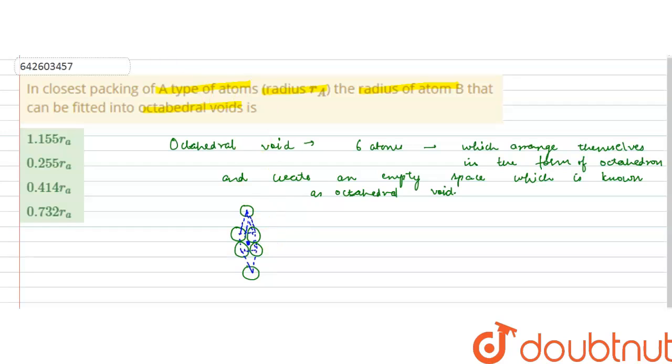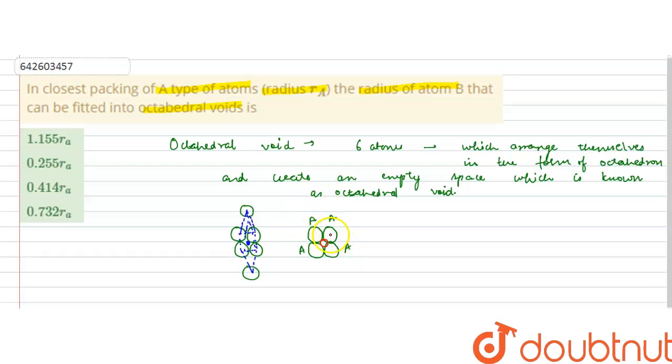So we can say, if we take only these 4 atoms to calculate the radius of that atom B, these all are A atoms, this is A atom, this is A and this is A, and the octahedral void is present here and the atom B is present here.